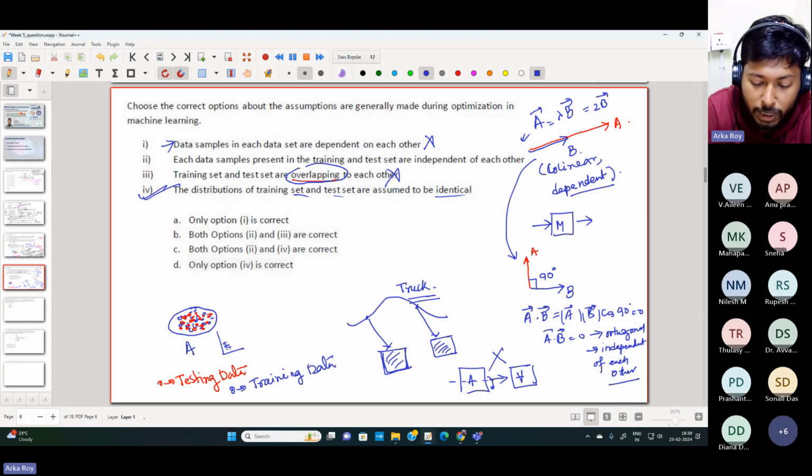In machine learning, we need some sort of independence. Therefore, option 2 is the correct one. So the correct answer will be both option 2 and option 4. Any confusion for this particular question?